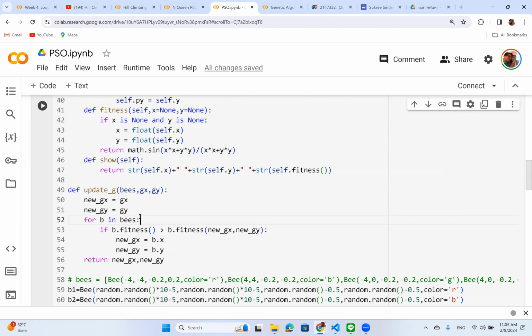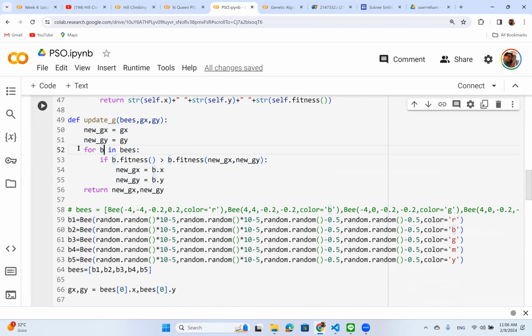So to update G, I will iterate through all bees, and then if B.fitness is greater than G, just set Gx and Gy. That's all.